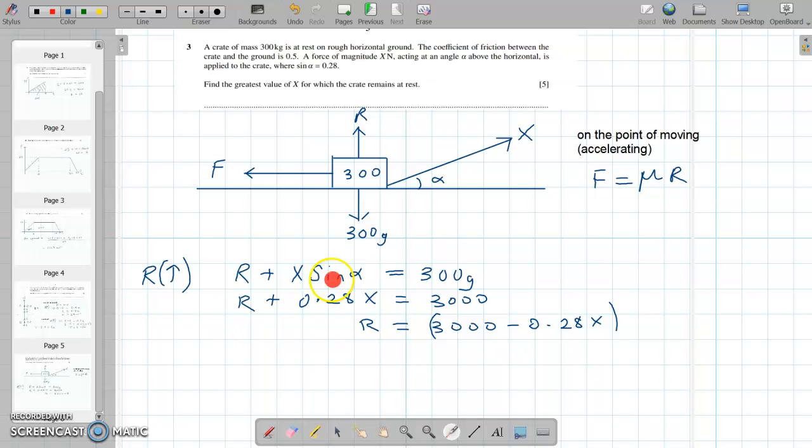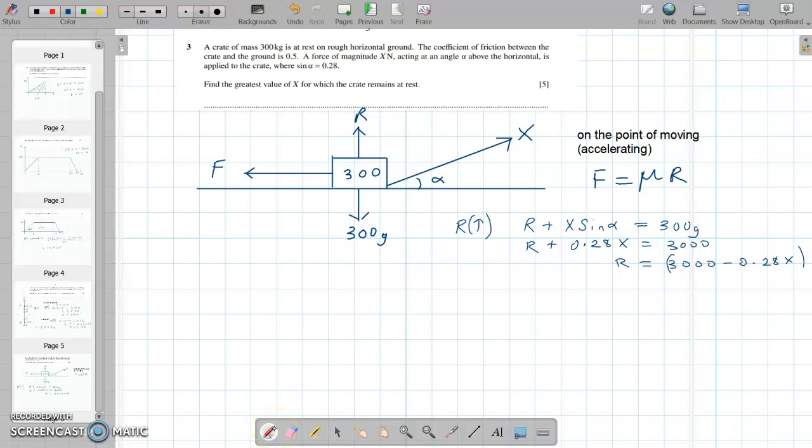Sine alpha is 0.28, G is 10, and then we have R on the left-hand side. So R is 3000 minus 0.28X. Now we can use that for R when we resolve horizontally.